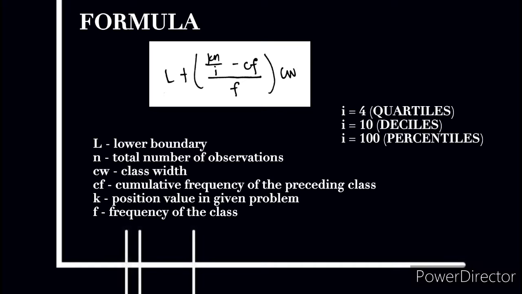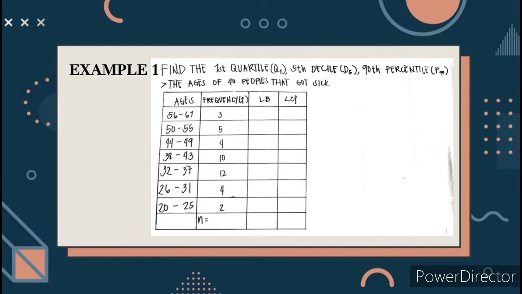We will use this formula to find the quartile, decile, and percentile in a dataset. I is equal to 4 for quartiles, 10 for deciles, and 100 for percentiles.